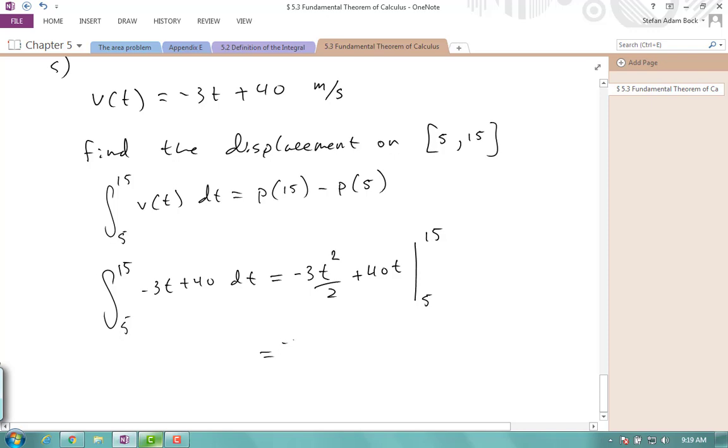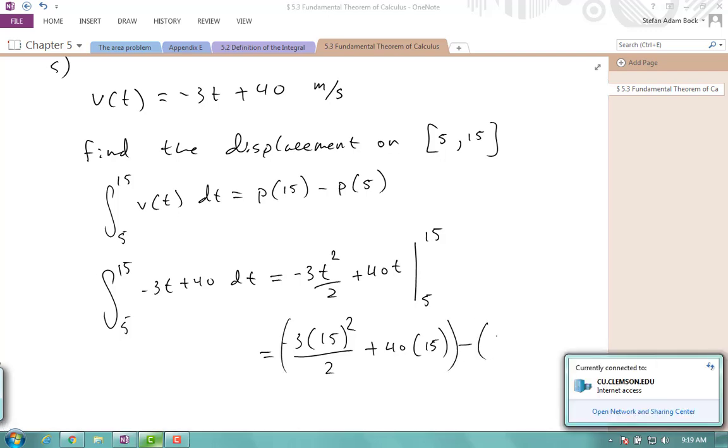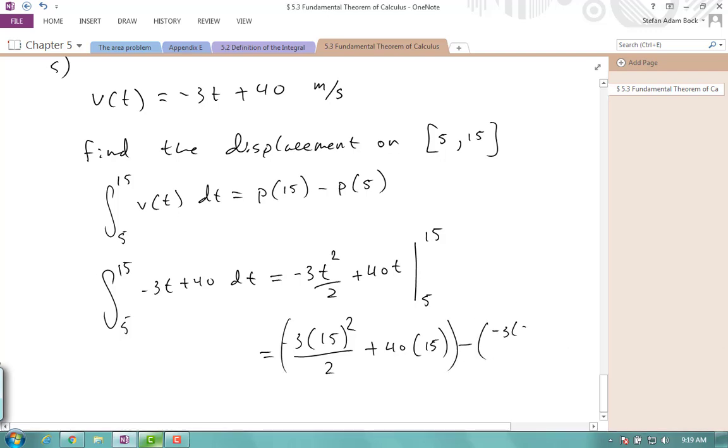So I have negative 3 times 15 squared over 2 plus 40 times 15 minus, add some parentheses, negative 3 times 5 squared over 2 plus 40 times 5.